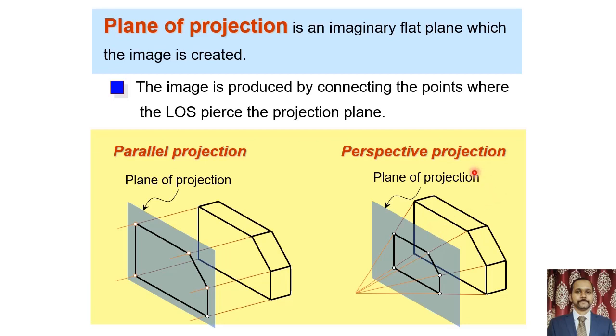In perspective projection, we see a reduced size of the object. These are the basic differences between parallel projection and perspective projection.